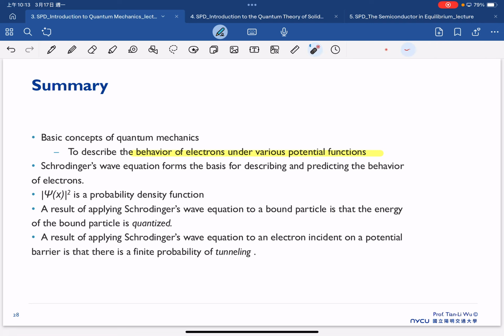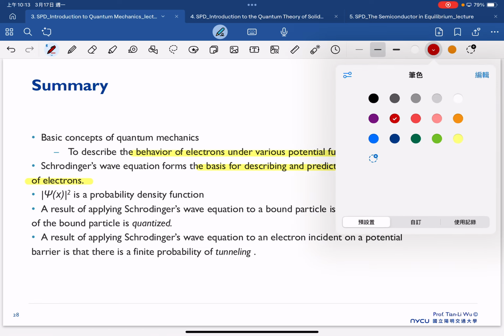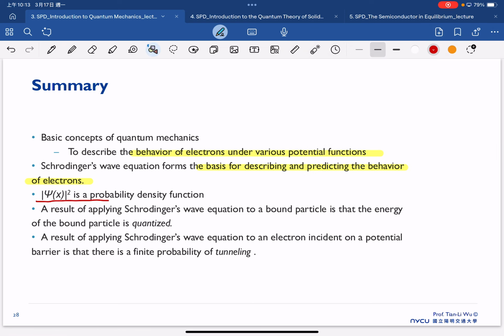And we use Schrödinger's wave equation for describing and predicting the behavior of the electron. The first conclusion is that we can use this as a probability density function. And the result of applying the wave equation to a bound particle is that the energy of the bound particle is quantized.